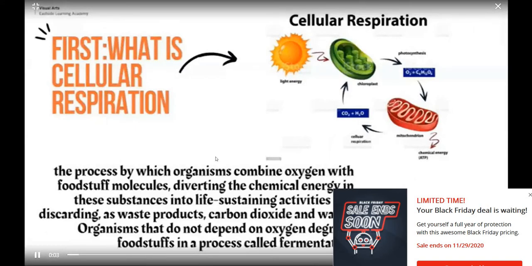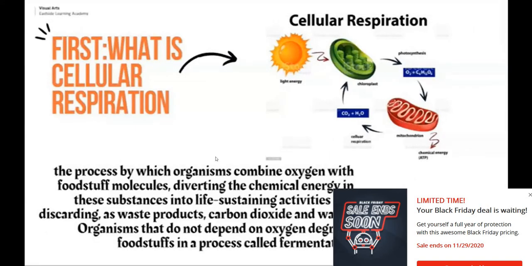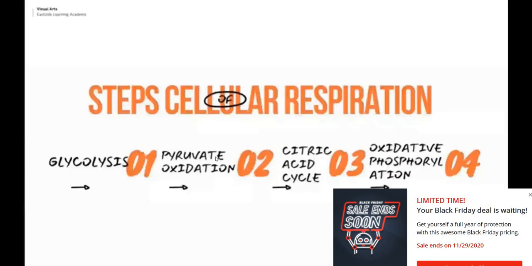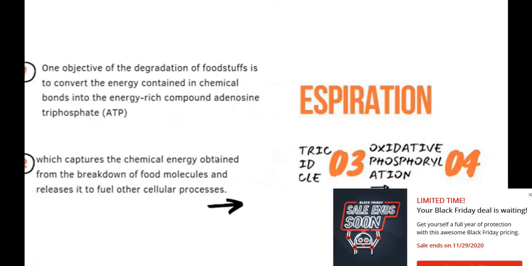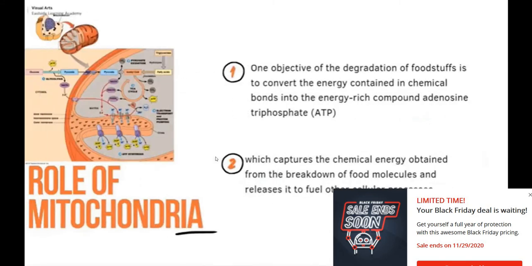Cellular respiration. It is the process by which organisms combine oxygen with foodstuff molecules, and there are organisms that do not depend on oxygen that degrade foodstuffs, called fermentation. Role of mitochondria.